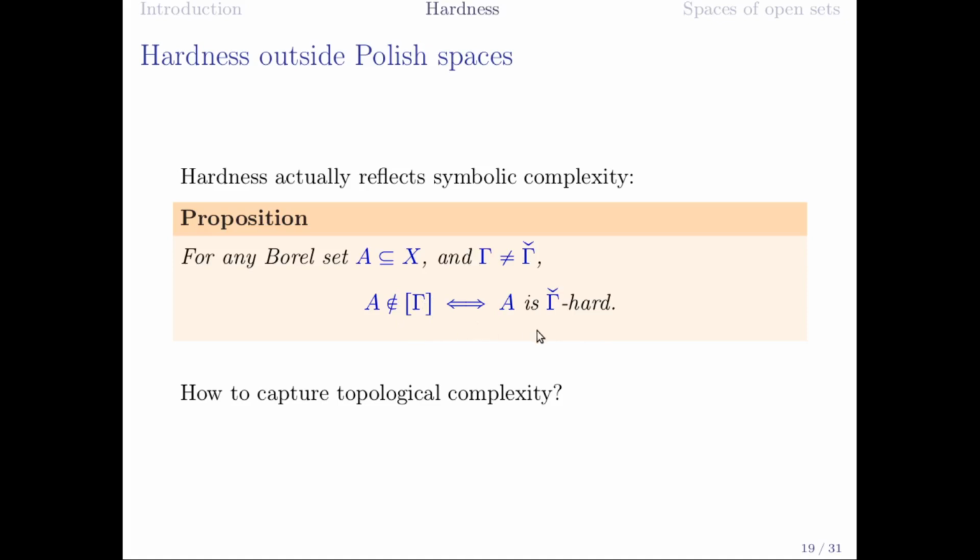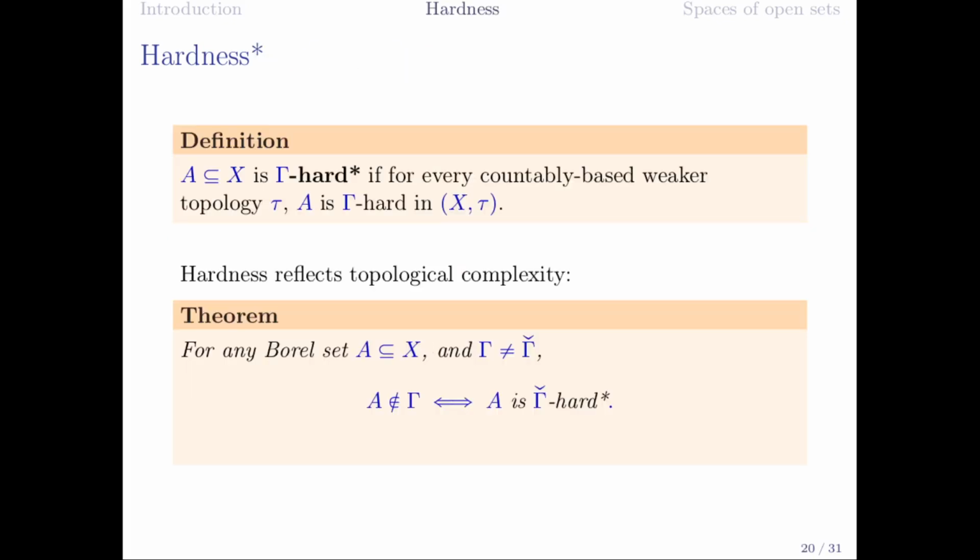But we have this. So how to capture topological complexity? How to prove that A is not in Γ, in the topological class Γ? We adapt the notion of hardness and propose this weaker version of hardness, which we call hard star. A set is hard star if, when we take any weaker topology on the space which is countably-based, A becomes hard for Γ in that topology.